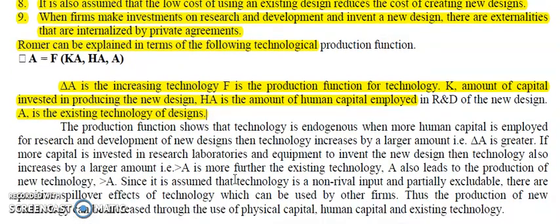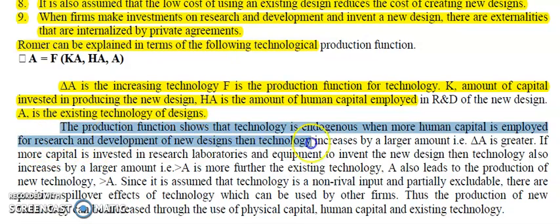The production function shows that technology is endogenous. When more human capital is employed for research and development of new designs, technology increases by a larger amount. Then delta A is greater. If more capital is invested in research laboratories and equipment to invent a new design, then technology also increases by a larger amount.